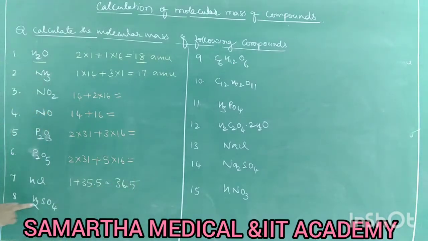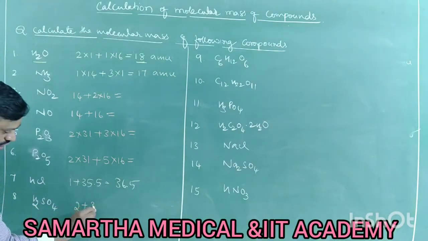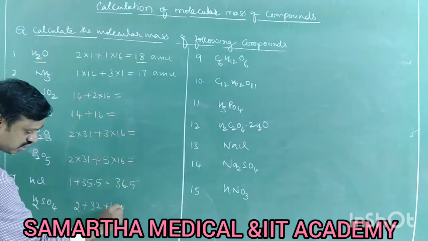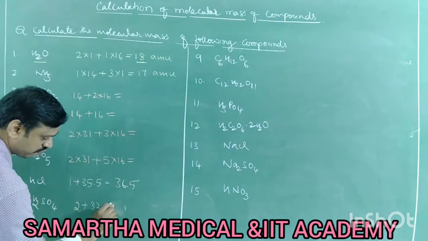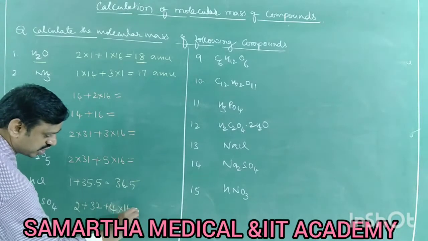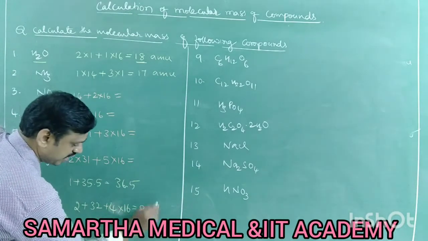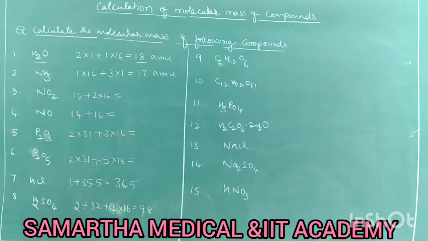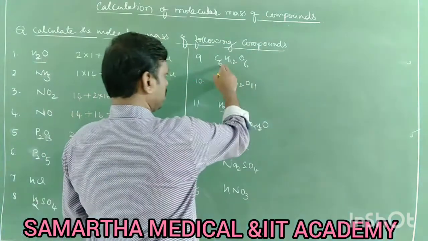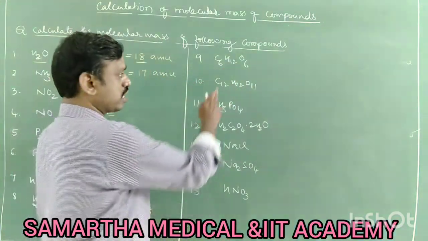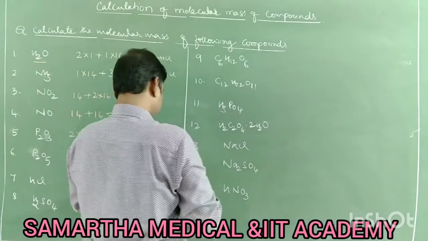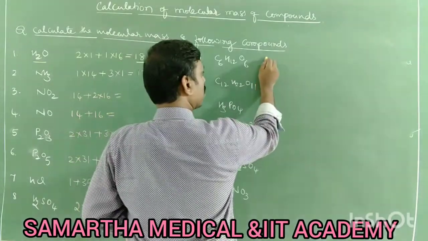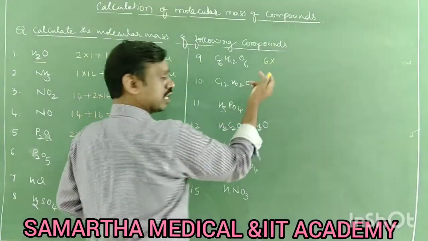It is 36.5. Next here hydrogen. There are 2 hydrogen, 2. Sulfur 32. Oxygen, 1 oxygen 16. There are 4 oxygen, 4 into 16. It is 98. Next here, glucose. There are 6 carbon. 1 carbon atomic mass is 12.